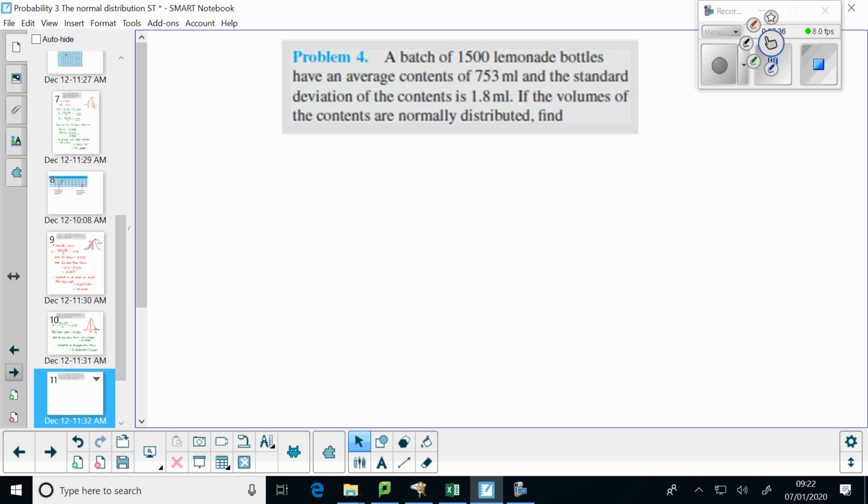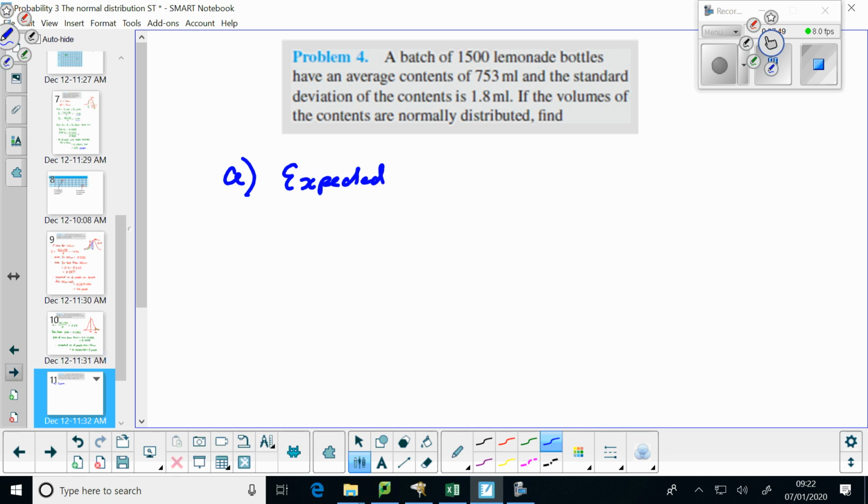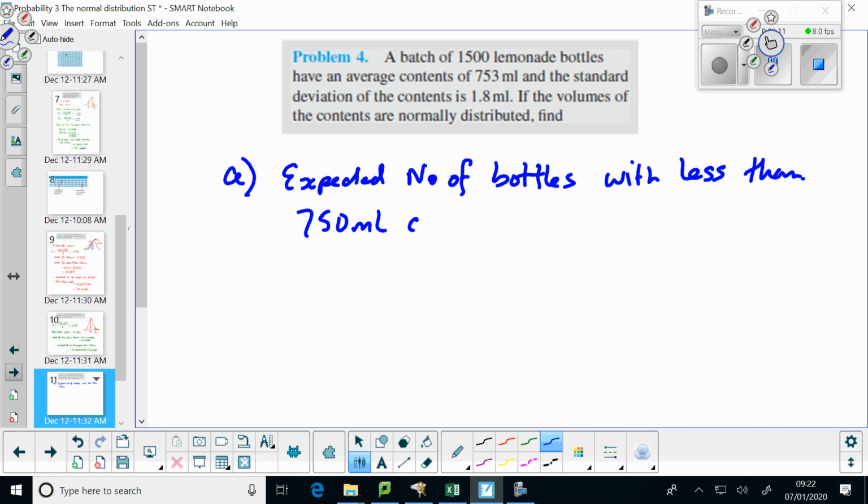If the volume is normally distributed, find A, the number of bottles with less than 750 ml contents.